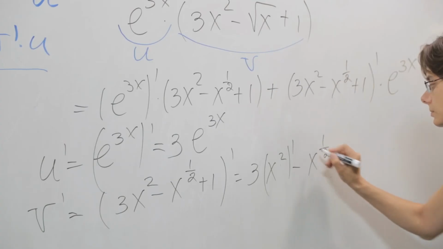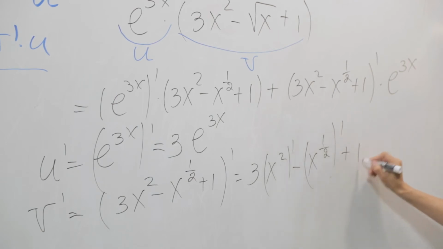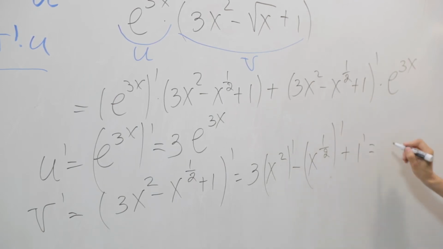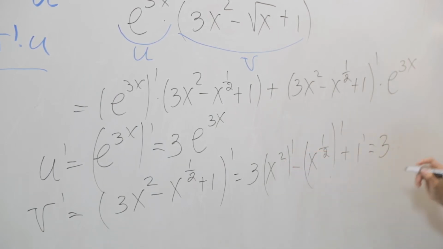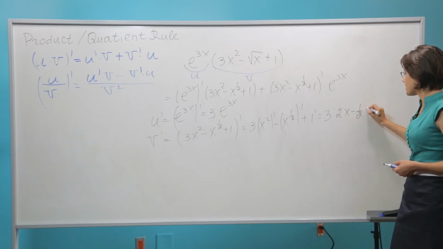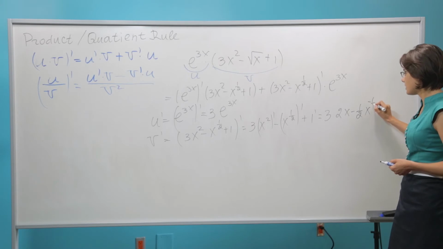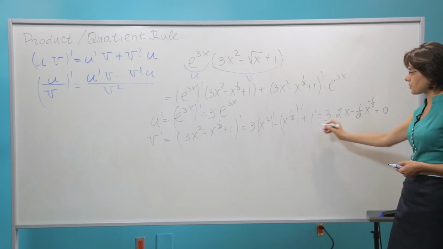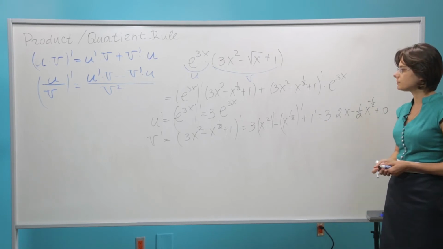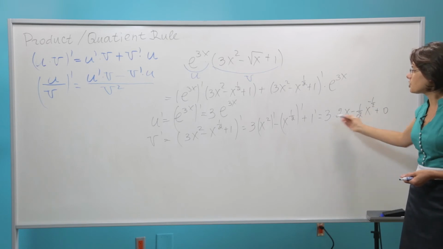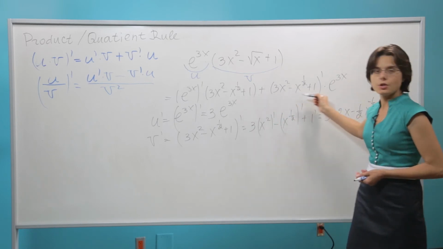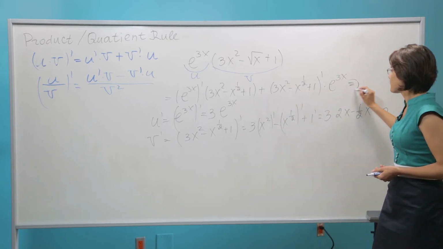And we have 3 times the derivative of x squared, which is 2x, minus one half x to the power of negative one half, plus 0, because the derivative of a constant is 0. Now we are ready to plug our derivatives back into the formula.